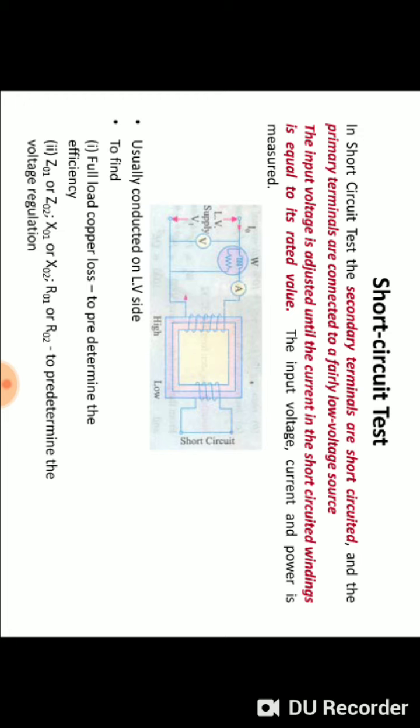For the flow of rated current through the secondary, a very small amount of secondary voltage is needed, and it is assumed that all the power supplied is used to generate copper losses, I square into R, because that amount is huge. So the open circuit test gives us core losses, the short circuit test gives us copper losses.